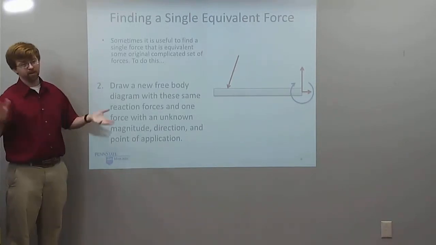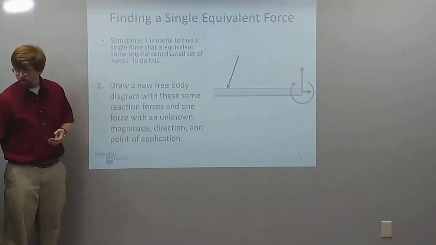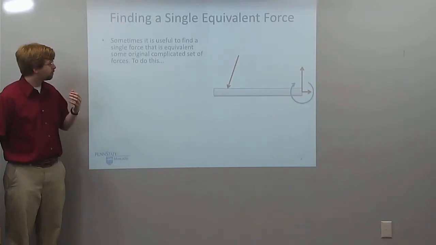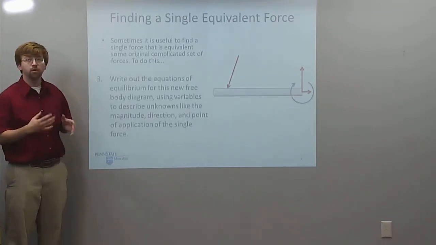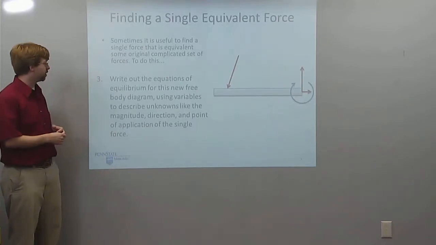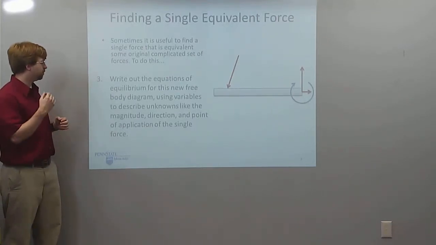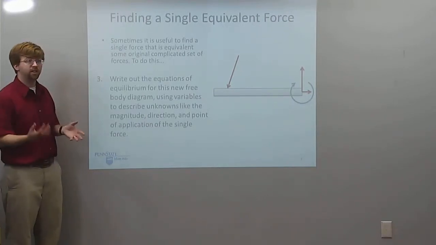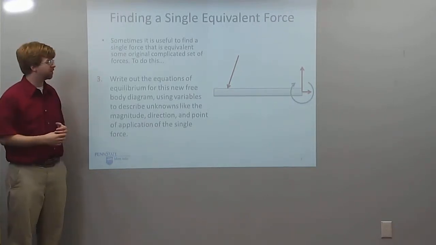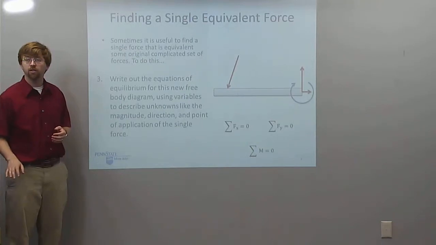This is just kind of a shot in the dark. So at this point, I am going to write out the equations for this new free body diagram that I have here. So this means I'm going to need some variables to describe the position, direction, and magnitude of this vector. And I'm going to write those into the equations.